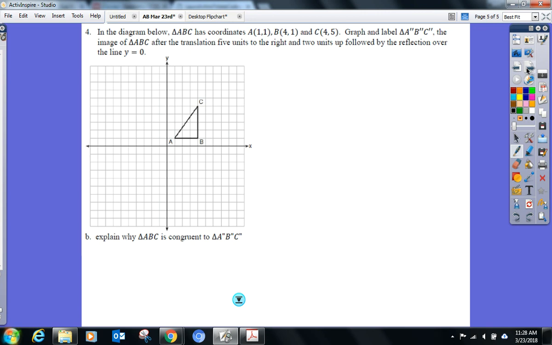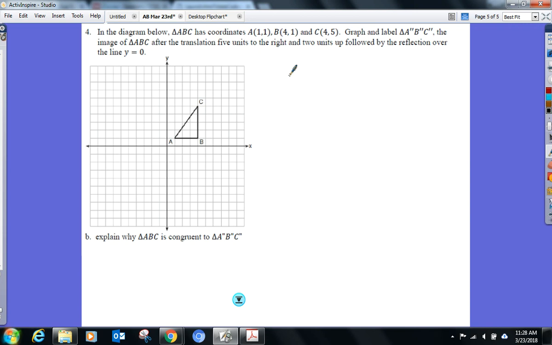All right, next one. Graph triangle A prime, double prime B, double prime C, double prime. You're going to translate it 5 units to the right and 2 units up. And then after that, you're going to take that triangle and reflect it over this line. Quickly, whoa, before I let you go on your own. Y equals 0.